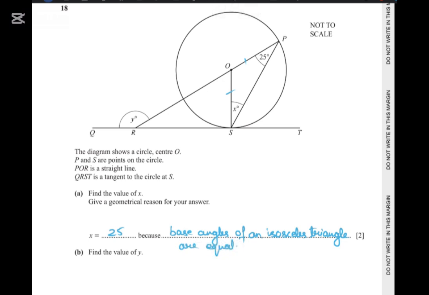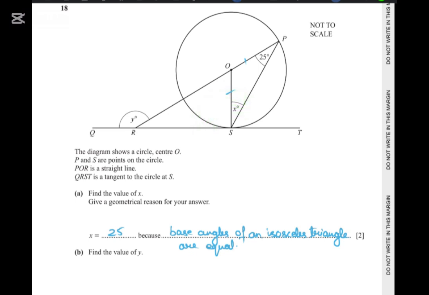Question B. Find the value of y. Now y is this angle. To find this angle, we have to consider the triangle PRS. We need to see what this angle is.